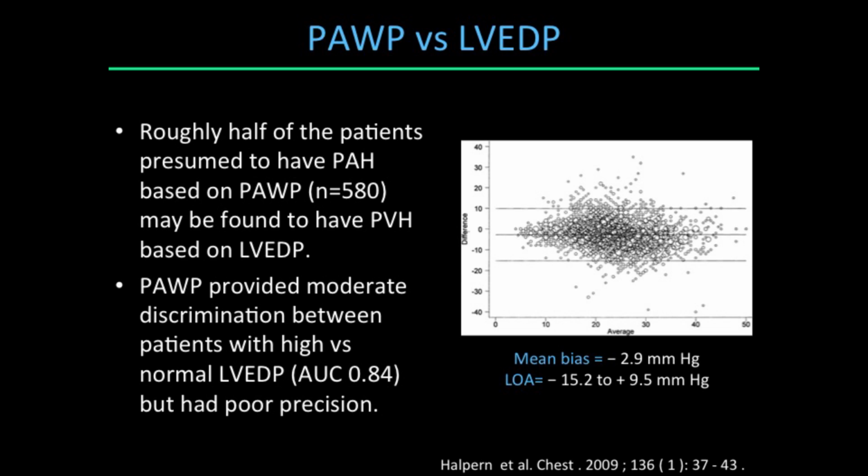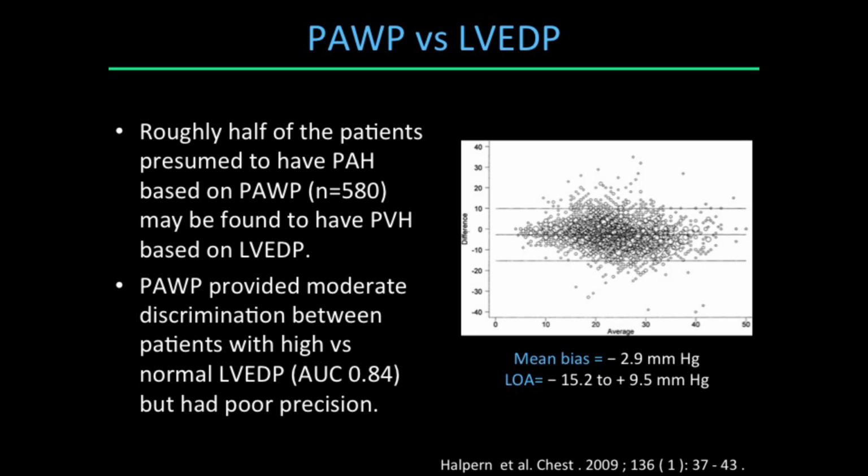And he found that half of the patients presumed to have pulmonary arterial hypertension based on the wedge may end up having pulmonary venous hypertension. The discrimination of the wedge between patients with high and low LVDP was okay, but nothing exceptional, and you can see the limit of agreement here between the 2 techniques is high.